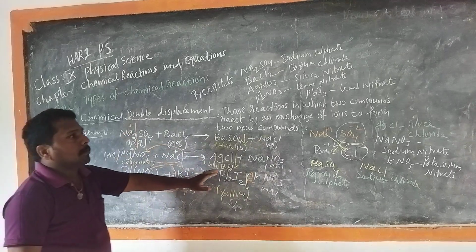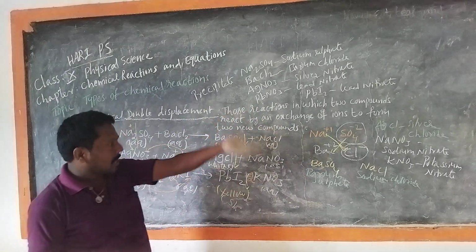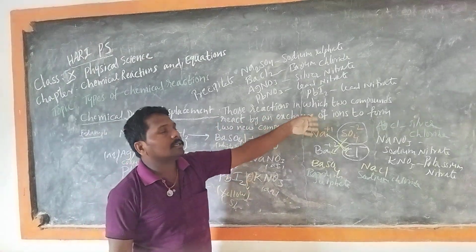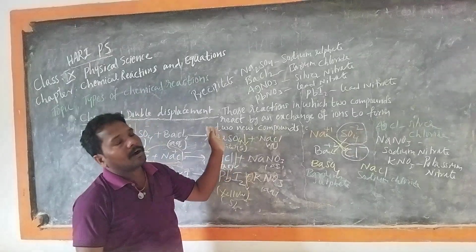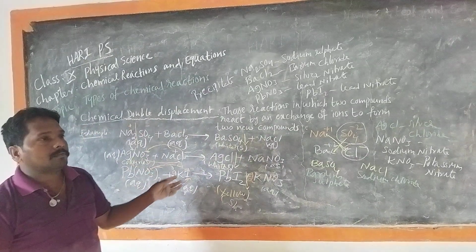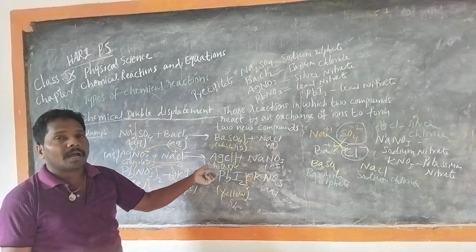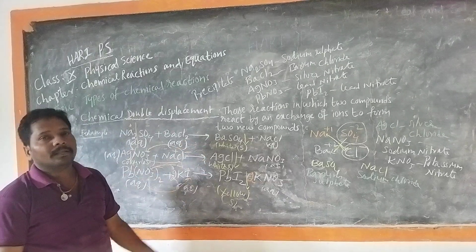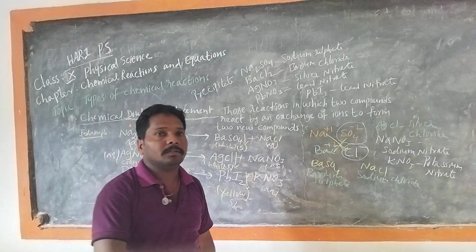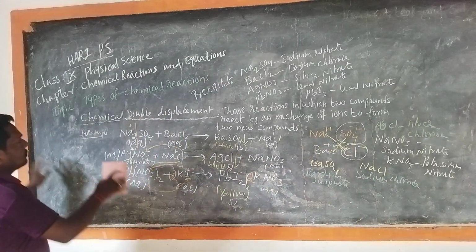In a chemical double displacement, two compounds or two reactants react together by exchanging their ions and form two new substances. And one of the important things in this double displacement reaction is that an insoluble substance is formed. The insoluble substance is called a precipitate. So this is about double displacement reaction.